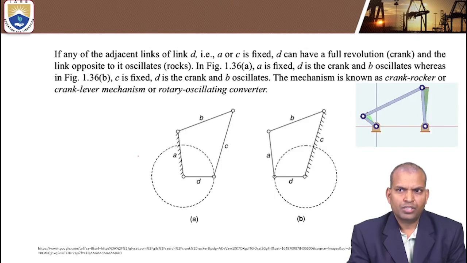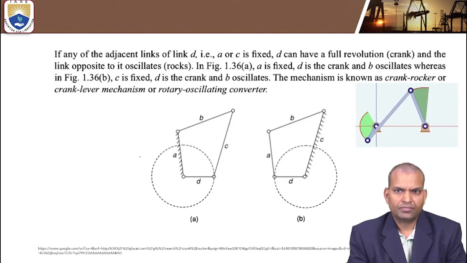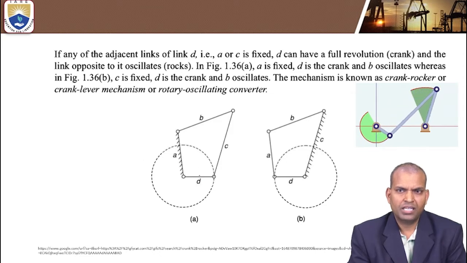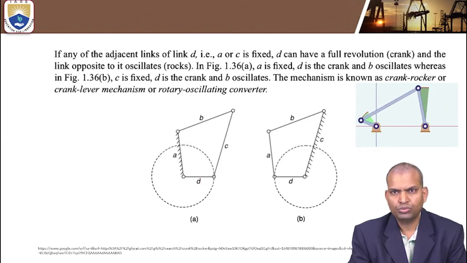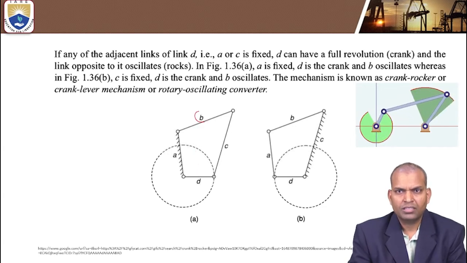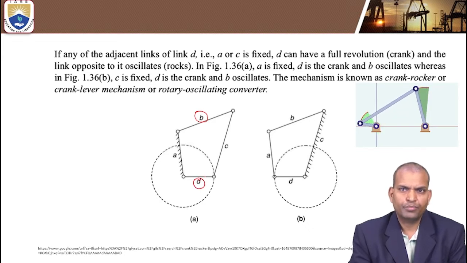Next, suppose you see here the links A, B, C, D. D is the shortest link compared to the other links, and B is the longest link. D is the shortest, B is the longest, and A and C are intermediate links.